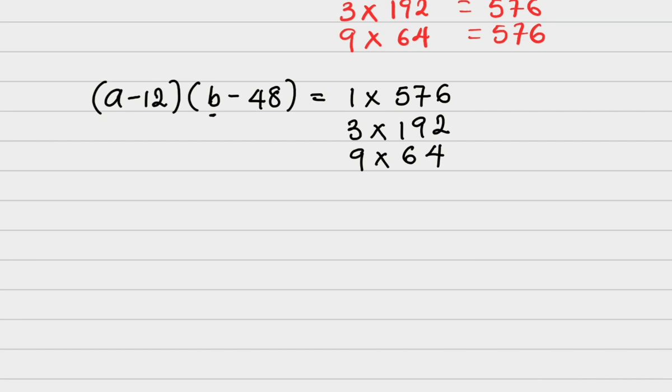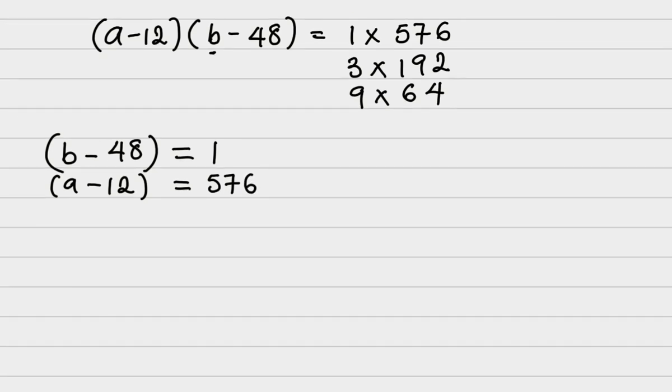If B minus 48 is equal to 1, then at the same time A minus 12 will be equal to 576. That's the first scenario.